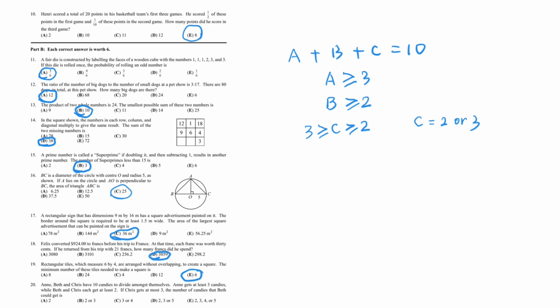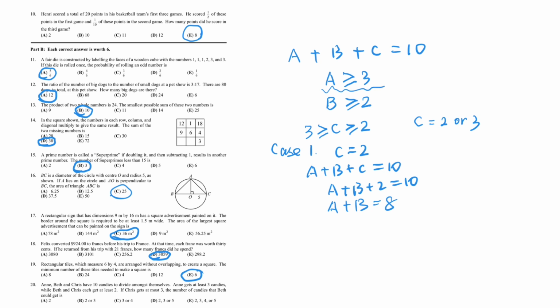Now we do the casework. Case 1: C equals 2, and A plus B plus C equals 10. That means A plus B plus 2 equals 10, so A plus B equals 8.